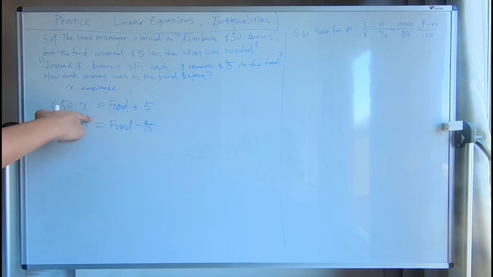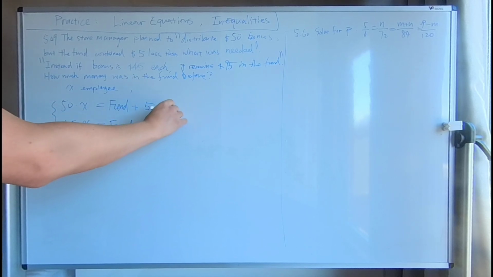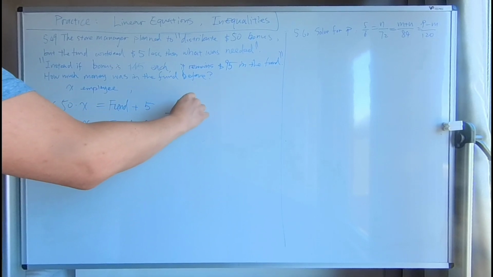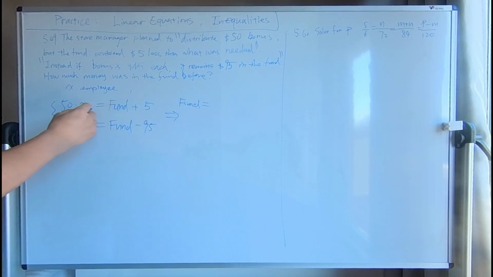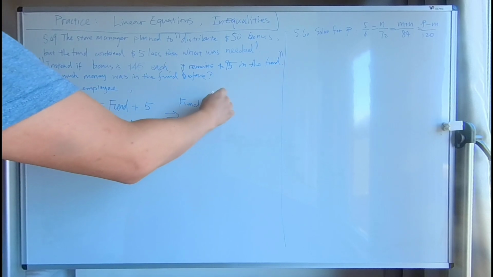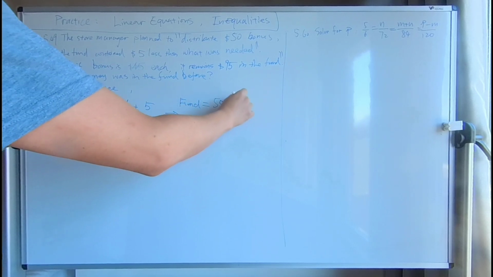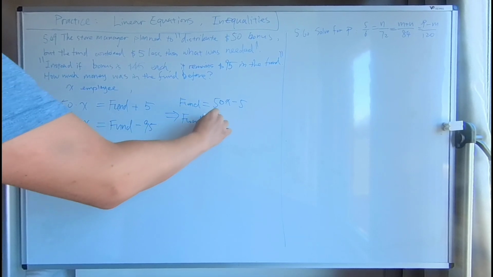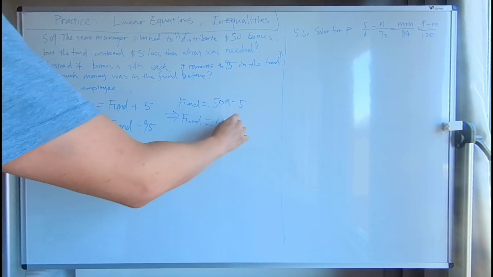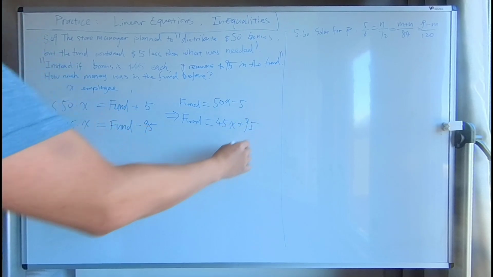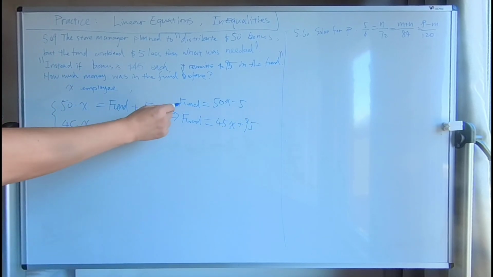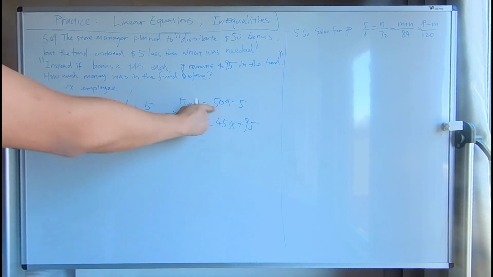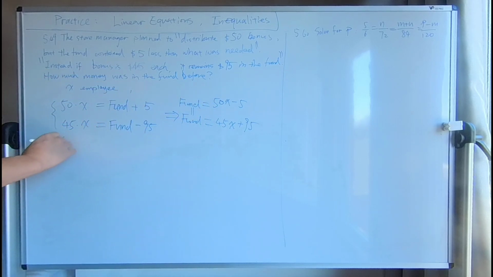So rewrite this a little bit. The total fund can be represented as either 50x minus 5, or from the second fact, it's also 45x plus 95. They represent the same fund, so they are equal to each other.